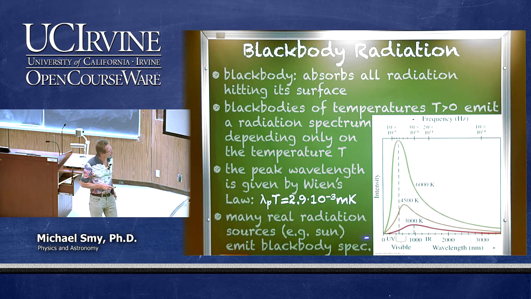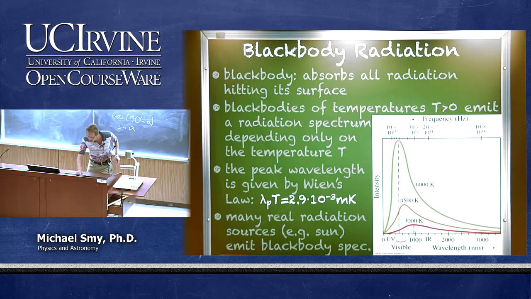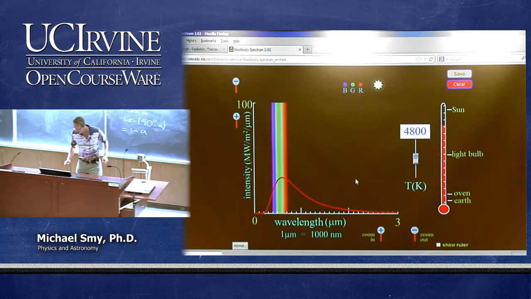And here are some examples of black body spectra for 3,000 degrees Kelvin, 4,500 degrees Kelvin, and 6,000 degrees Kelvin. I'm plotting here the frequency at the top of the electromagnetic waves and the wavelength at the bottom. But we can also look at just one at a time.